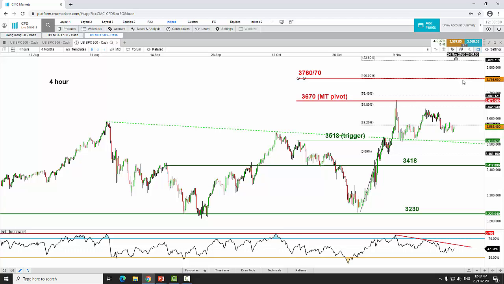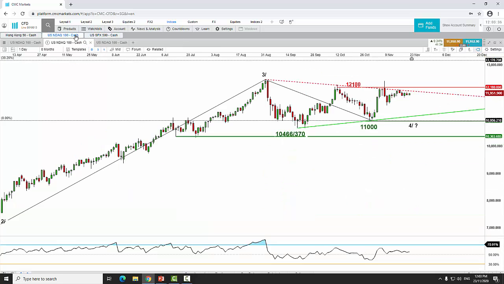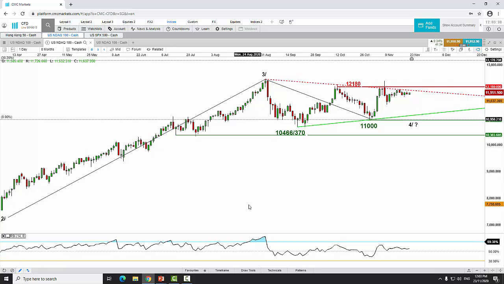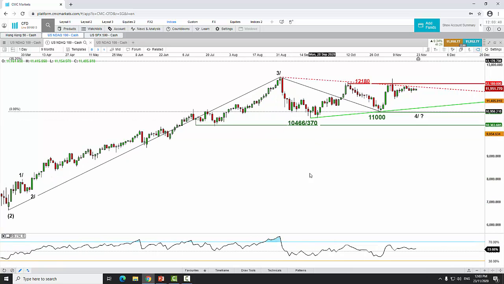3760/70 level. Okay, now let's go on to the Nasdaq Composite. Pardon me, the Nasdaq 100. As you see on the Nasdaq 100 daily chart, it's still being trapped by this descending range resistance, or in fact this resistance of a potential symmetrical triangle configuration that has been evolving since 2nd of September 2020.